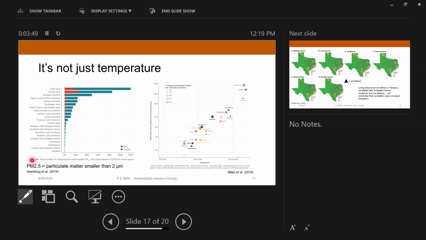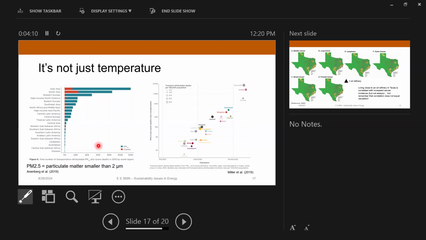The big deal here is what we call PM 2.5, which is particles smaller than 2.5 microns in average diameter, because these are things that can get through your lungs and into your bloodstream and do all kinds of bad things to your organs. And this is a couple of studies from 2019.